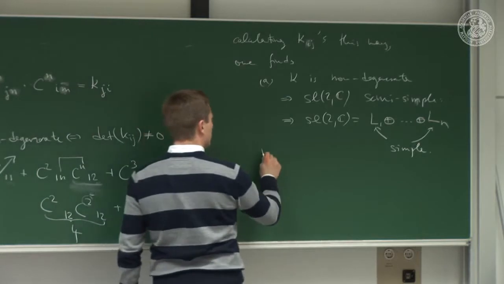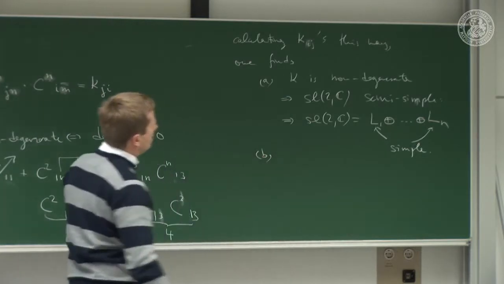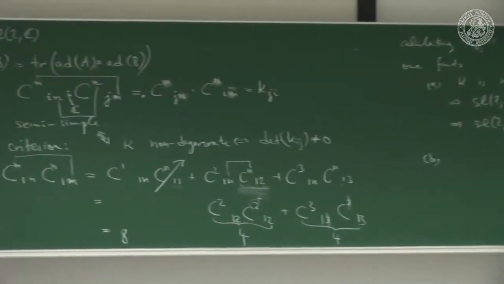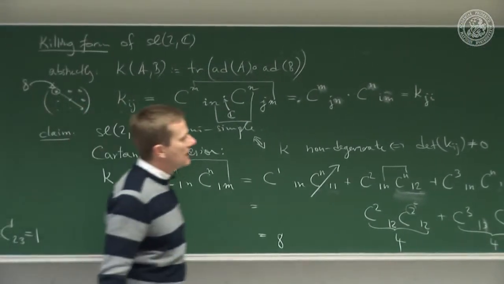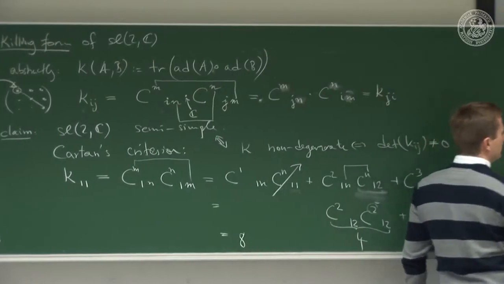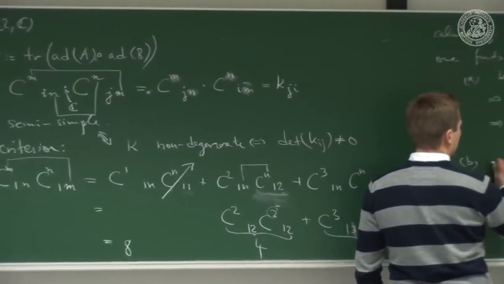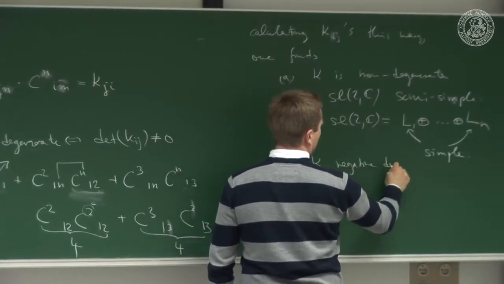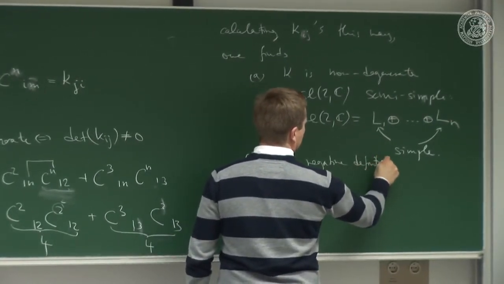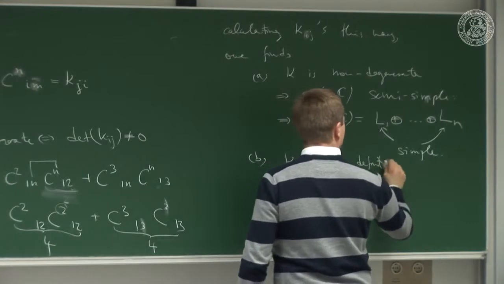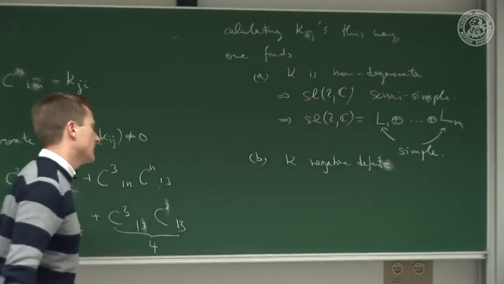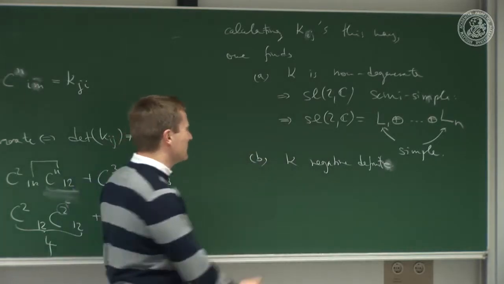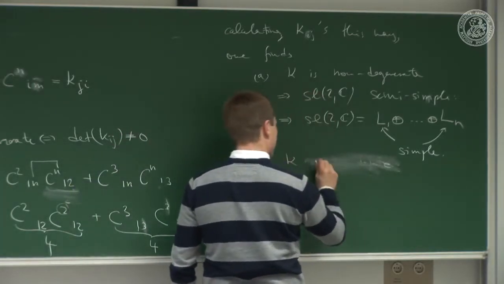And B is more like a side remark, and that is there's something else we can read off the killing form. Namely, I mentioned that before, the killing form K is also negative definite. So I hope I got the sign conventions right here. It should turn out to be negative definite. And no, it's not. Okay. No, the statement is it's not negative definite.